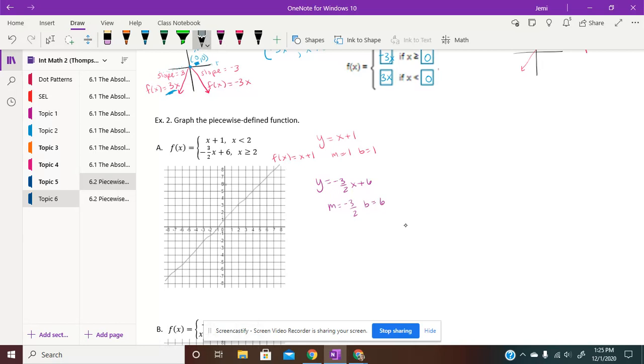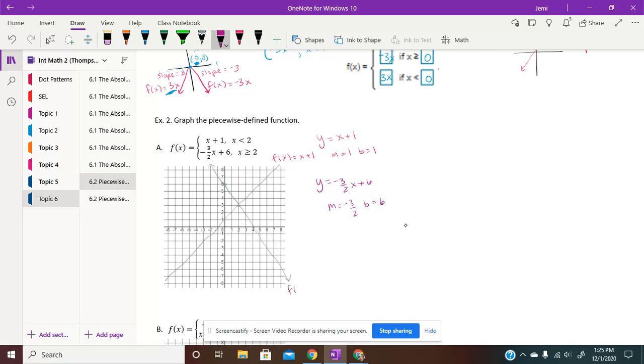6, down 3 over 2, down 3 over 2. There's some way to have a ruler on this device. Whew, okay.